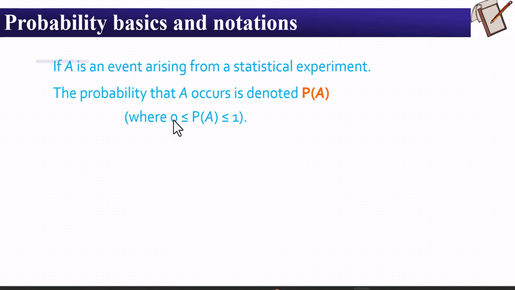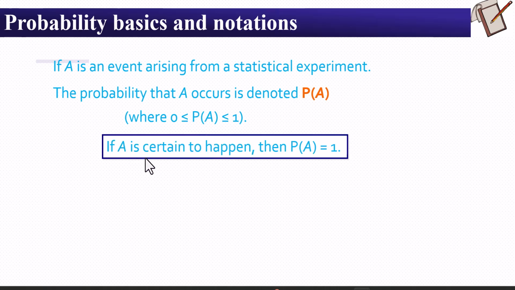It can be a 0, or it can be a 1, or it can lie in between these two values. You should never get a probability which is greater than 1 or which is negative. It will be wrong.